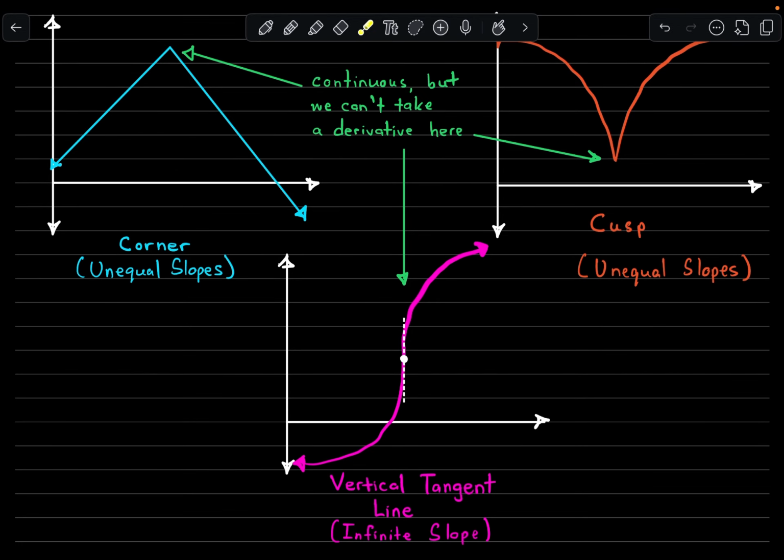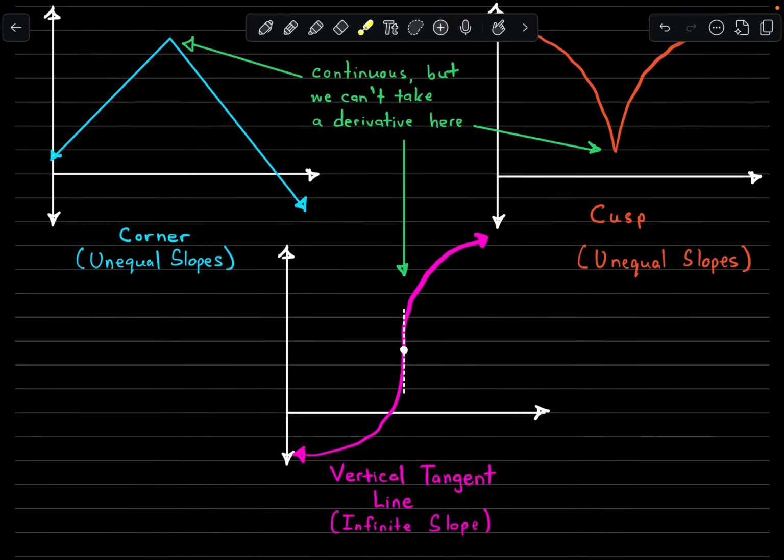Okay, and then the last major recurring case is any function that's going to give you a vertical tangent line somewhere in the middle. This is a continuous function, and this sort of thing might show up with, say, the cube root of x. But at this middle point here, you're going to have a vertical tangent line.